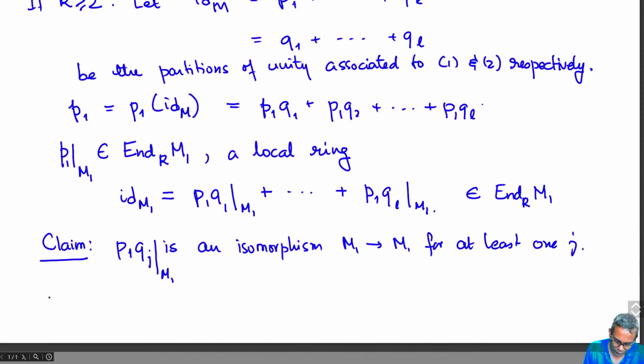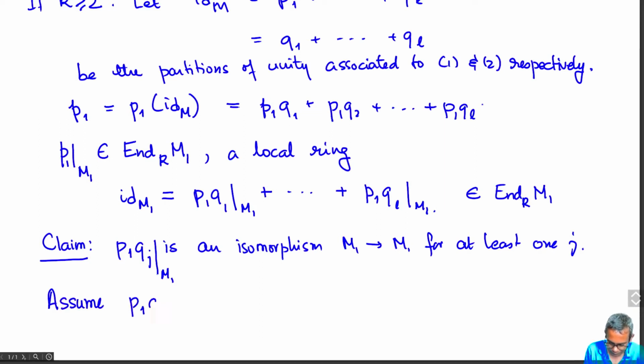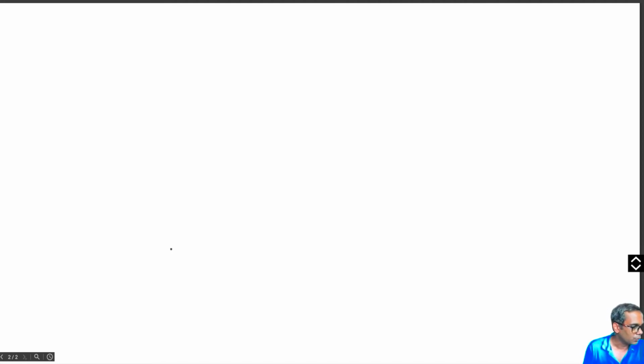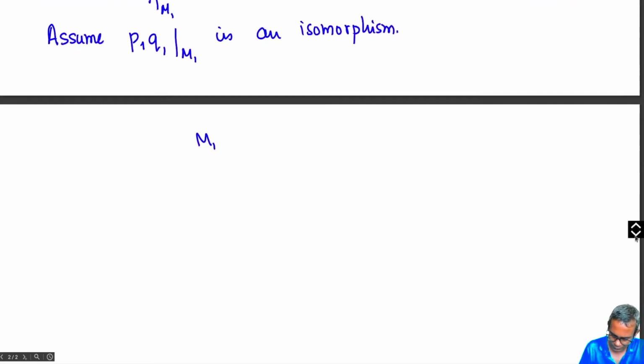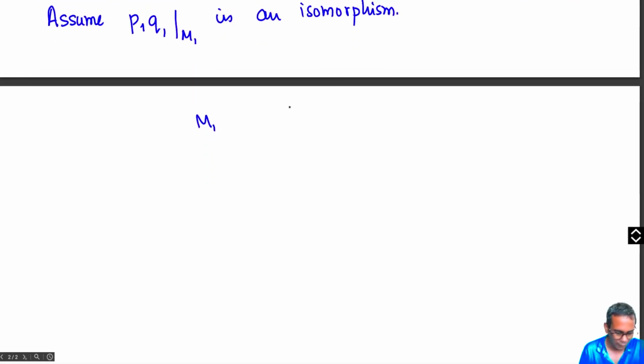And so let's assume without loss of generality, by renumbering, that P1Q1 is an isomorphism. So what we have is M1, and then we have M1, and we have this isomorphism P1Q1 restricted to M1.